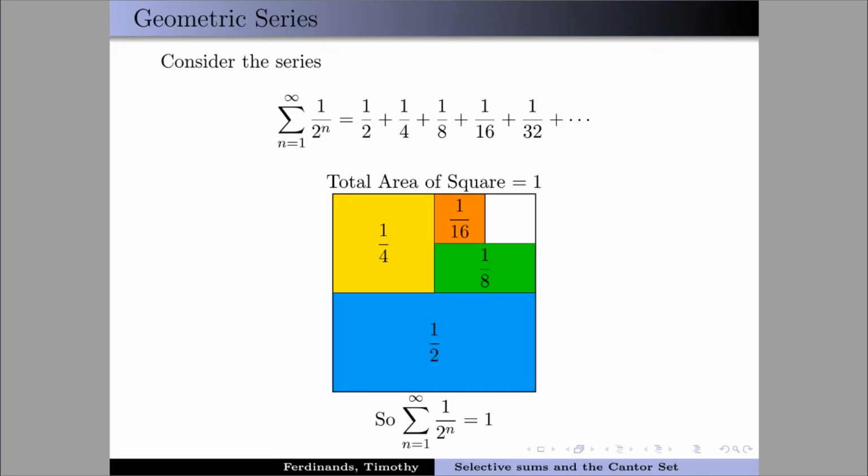And the idea is that that space in the upper right-hand corner of the square that's not filled in gets smaller and smaller and eventually approaches 0. Thus, we get that the sum of these infinitely many terms adds up to 1.